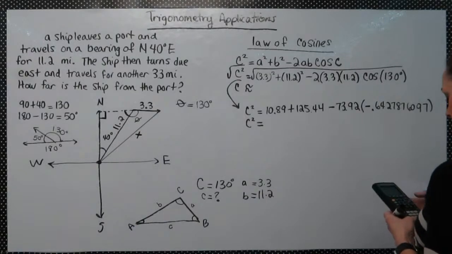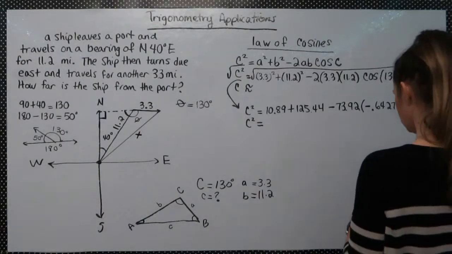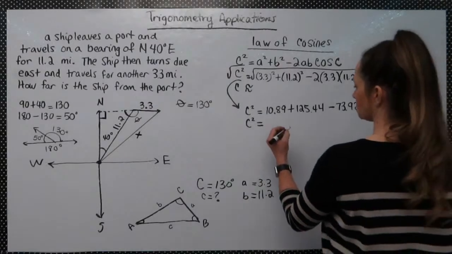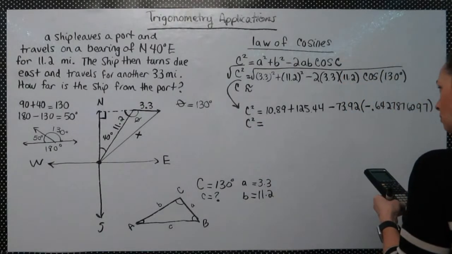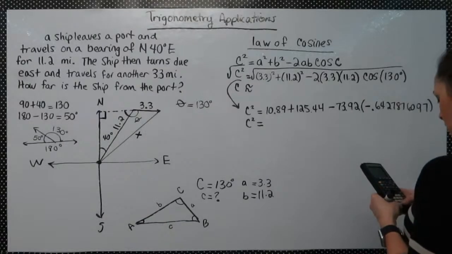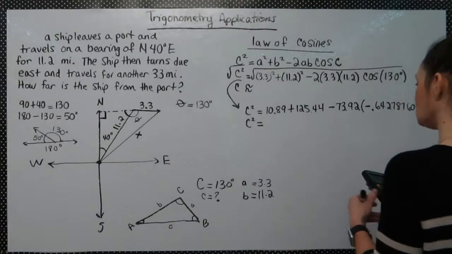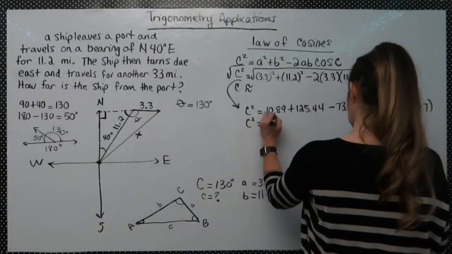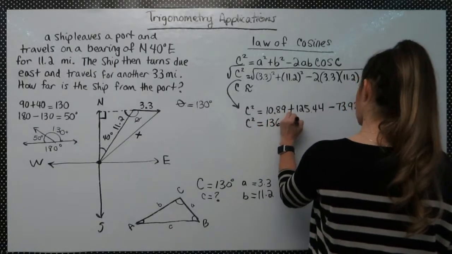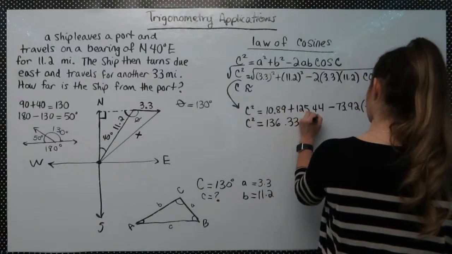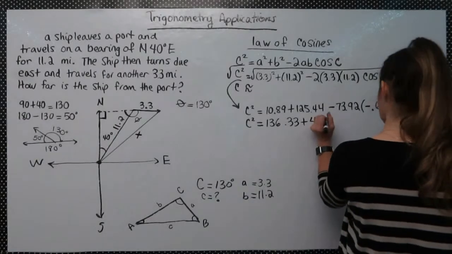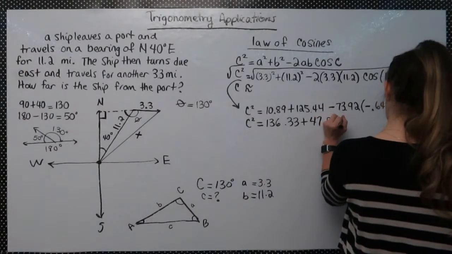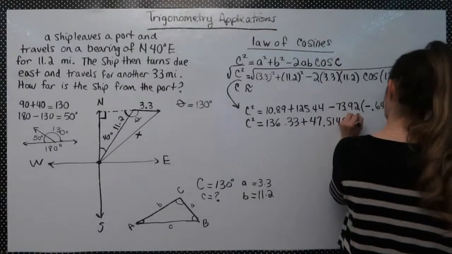All right, so I'm getting 10.89 plus 125.44, which is 136.33, plus 47.51486011.